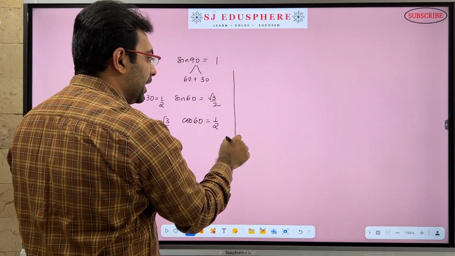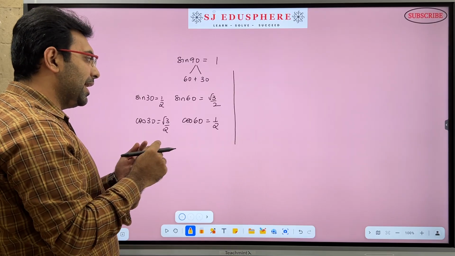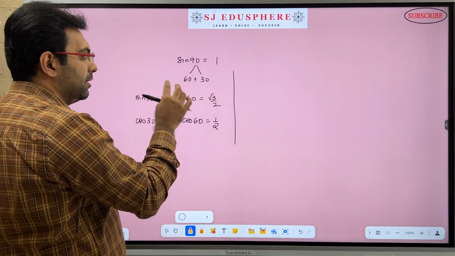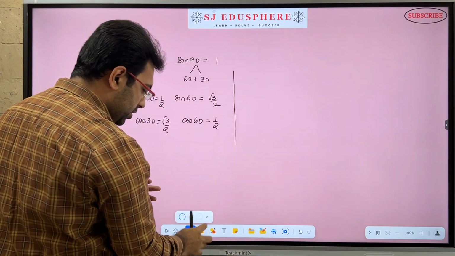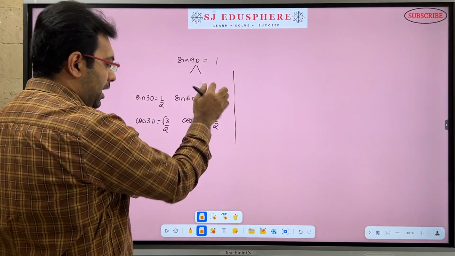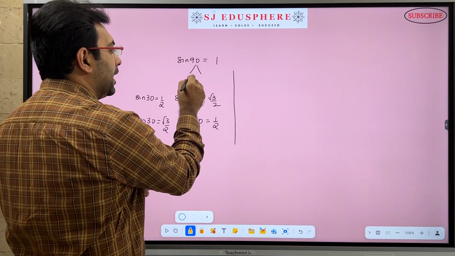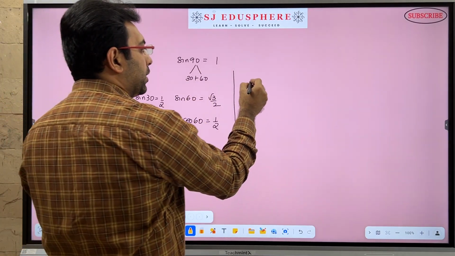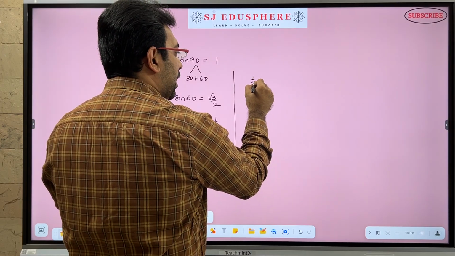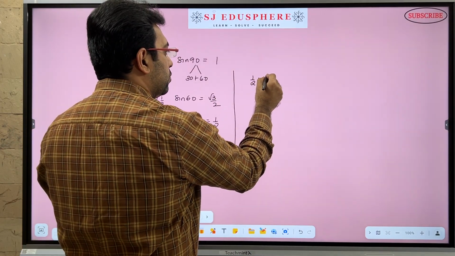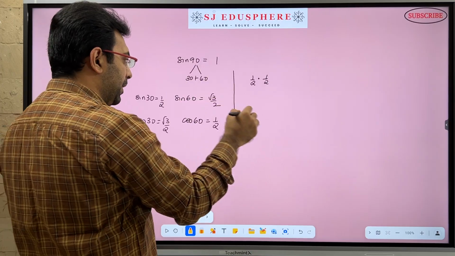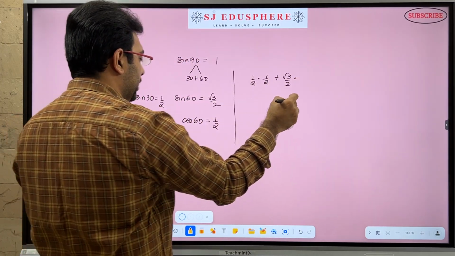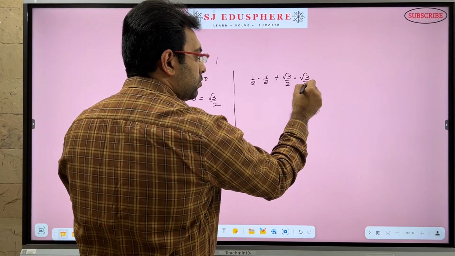I am just writing a pattern of formula here, then we will compare it. I am writing this over here as 30 and 60. Now, can I try to multiply the pattern over here? Half into half plus root 3 by 2 into root 3 by 2.